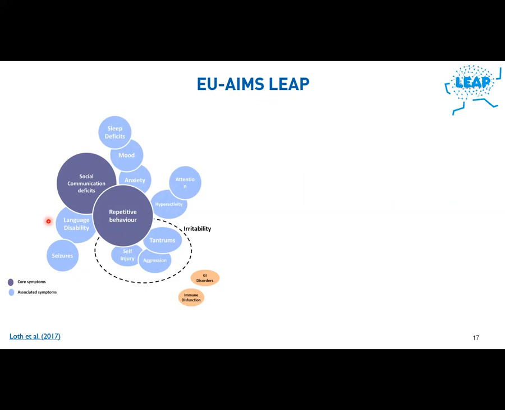Maybe you heard about this kind of story. This is one of the core symptoms of ASD, that is the social communication deficits. And then there is a second core symptom of ASD, that is restricted and repetitive behavior, or RRB.